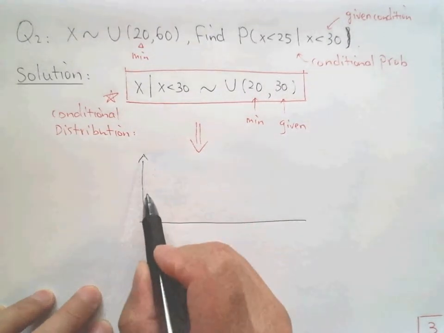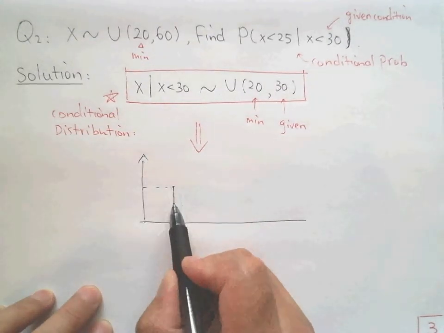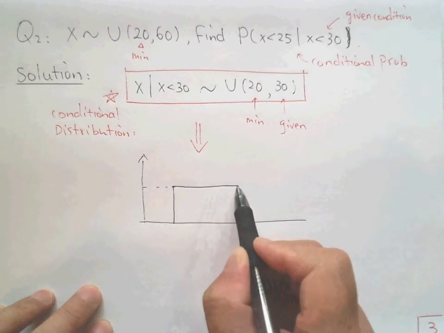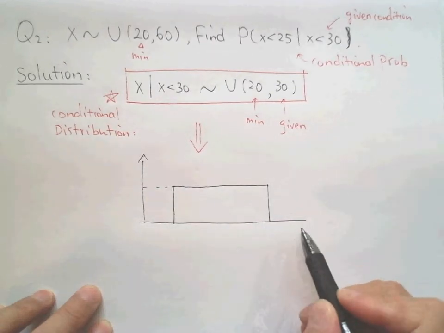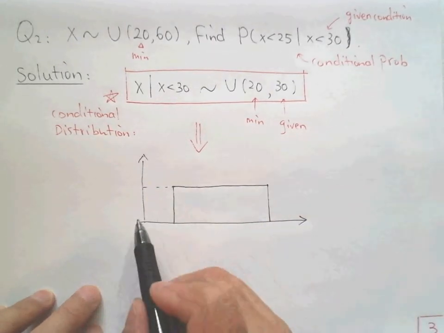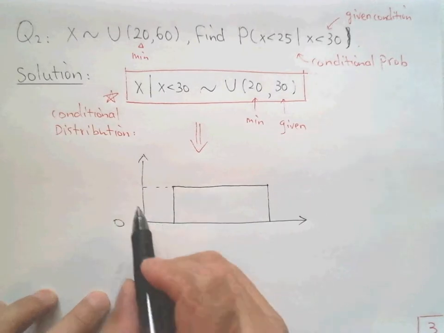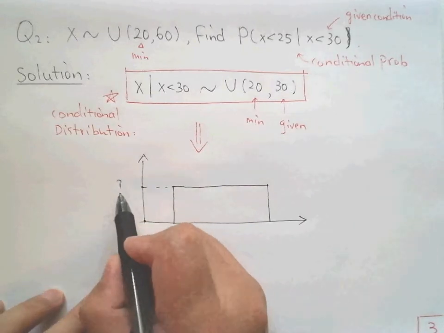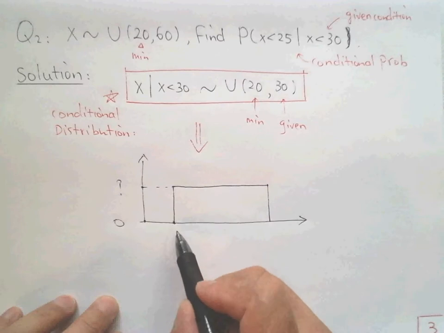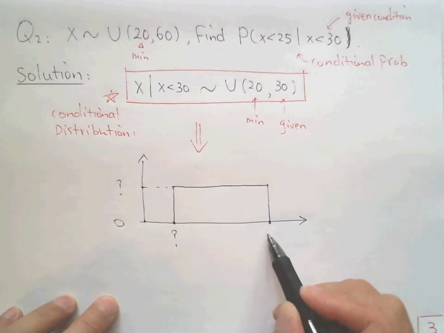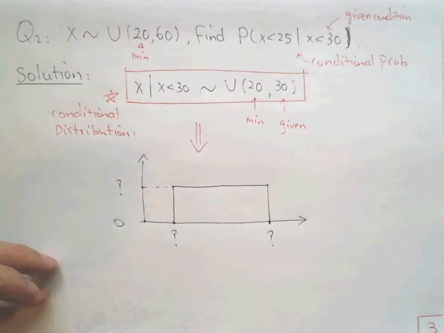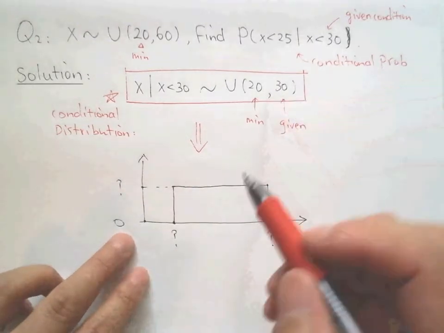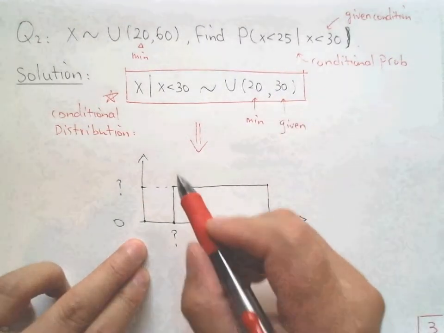You know how to draw, right? The very basic. If I say A is the minimum, this is B, the maximum. Now if this is 0, what is the top, how high, what is the beginning, what is the end, how to do. So follow this.